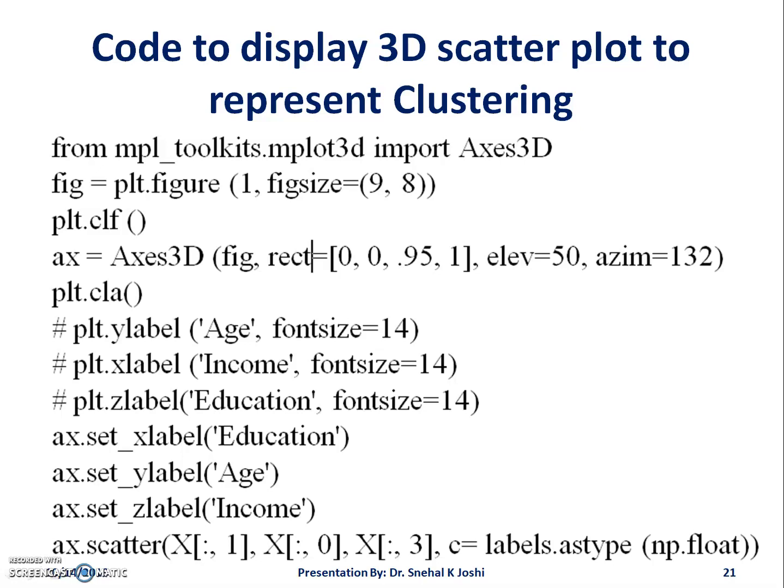We specify the plot size using the figsize attribute as 9 and 8 as width and height for the figure function. Then we create the ax object using Axes3D and pass appropriate parameters like elevation value as 50. Finally, we plot the 3D scatter plot and assign age, income, and education as x, y, and z-axis labels respectively.